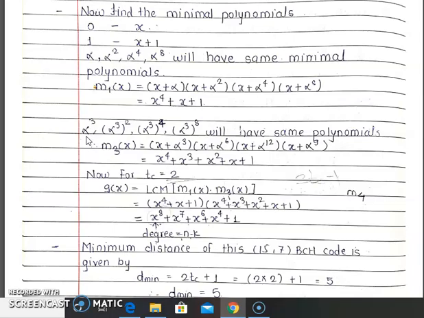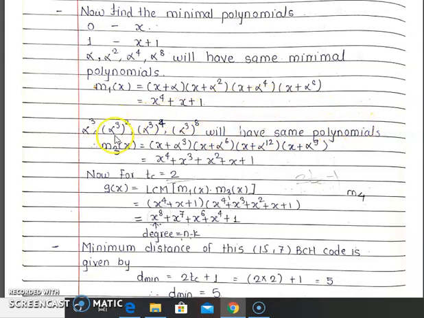Starting with beta equal to alpha cube, beta square means alpha cube square, then beta raised to 2 raised to 2 means alpha cube raised to 4, then beta raised to 2 raised to 3 means alpha cube raised to 8. This bracket indicates the multiplication process, so we will have the same polynomial.